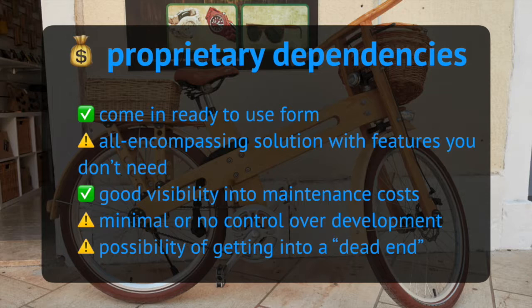They come in ready-made form. You can use them in your application or in your system right away. There can be, and likely will be, some learning curve, but that does not compare with developing this component all by yourself within your company or within your team.